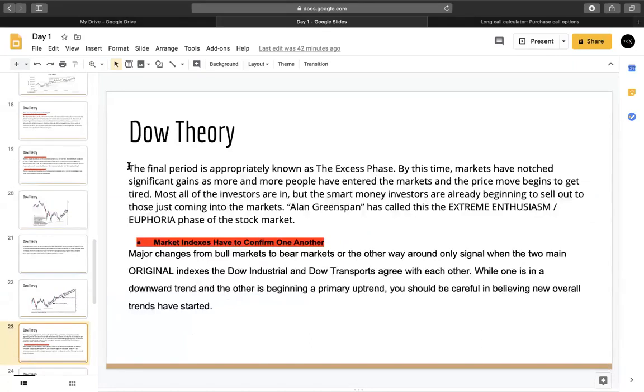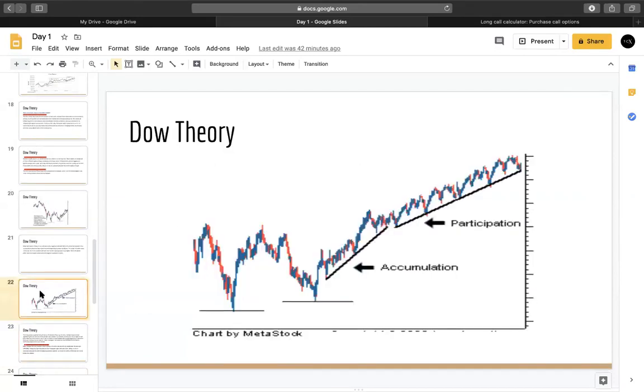The final period is appropriately known as the excess phase. Now, before I even go to that slide, can you guys tell me what an excess phase is, just by the name? Boom, a bubble. Too much, right?